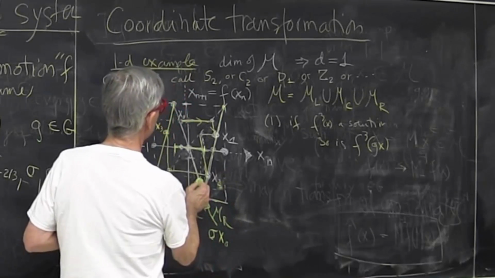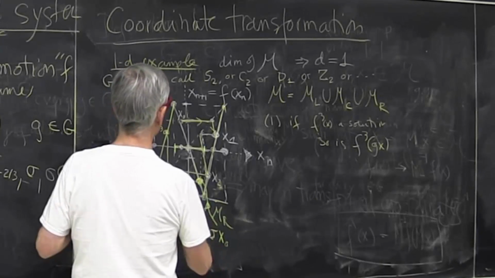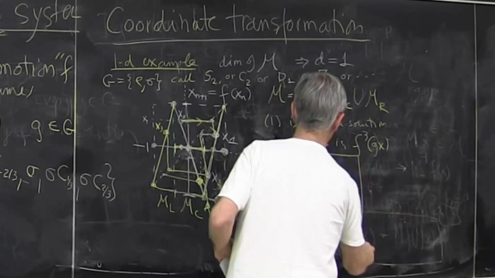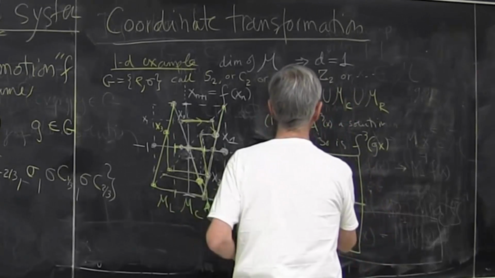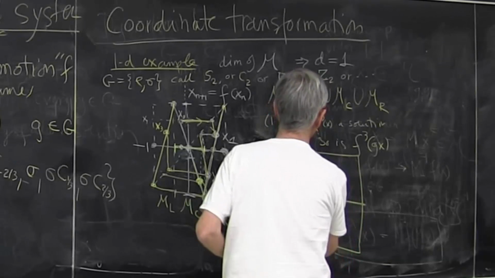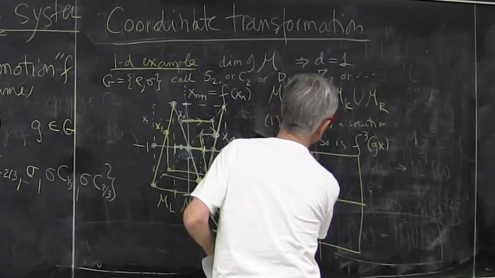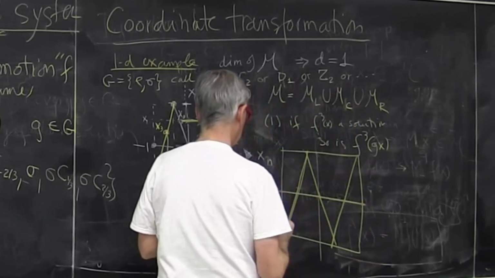So what happens here is, I go that way, and maybe it's better to draw it as a separate picture because it gets too busy. Here's the map.